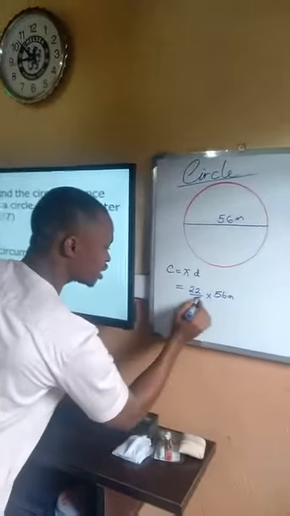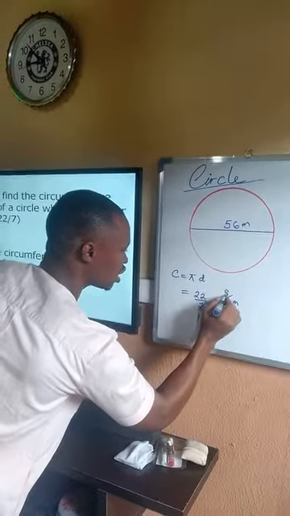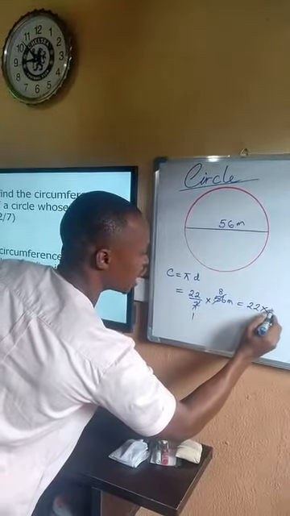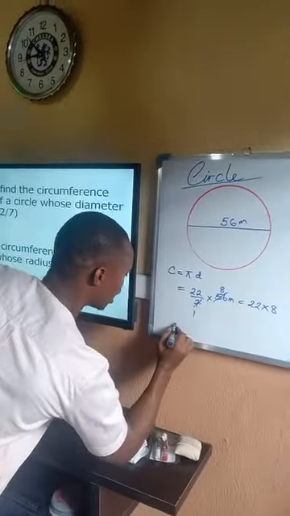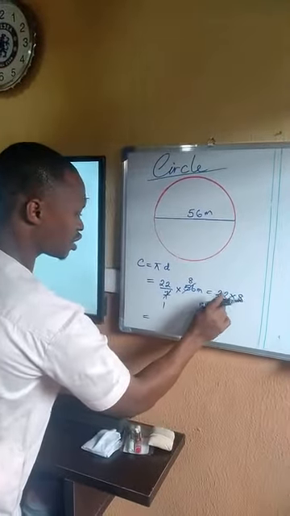So 7 divides itself 1, and 7 divides 56 8 times. So we'll have 22 times 8.